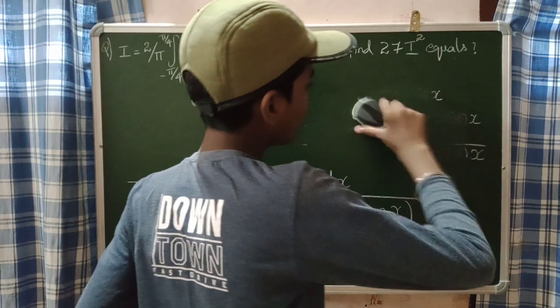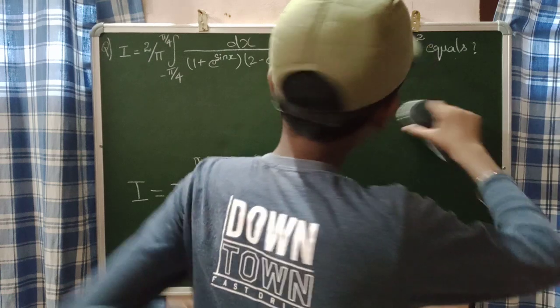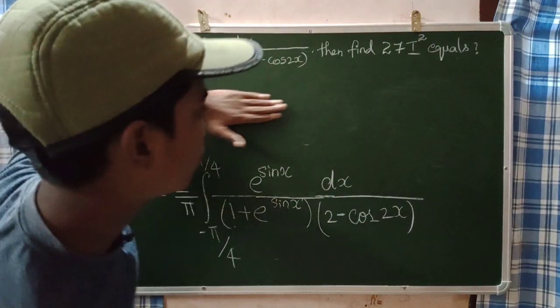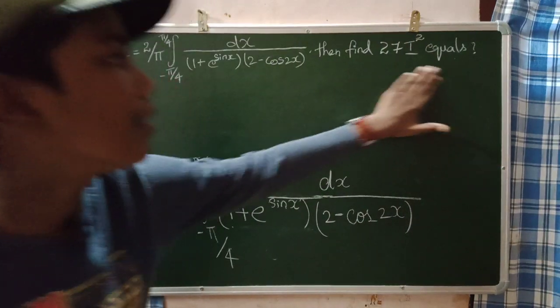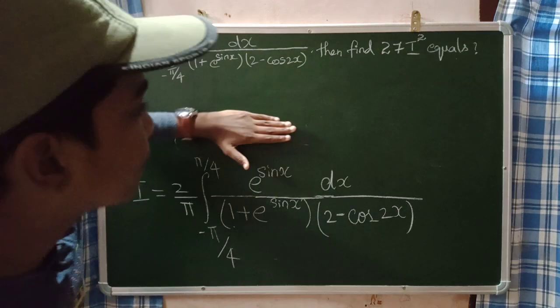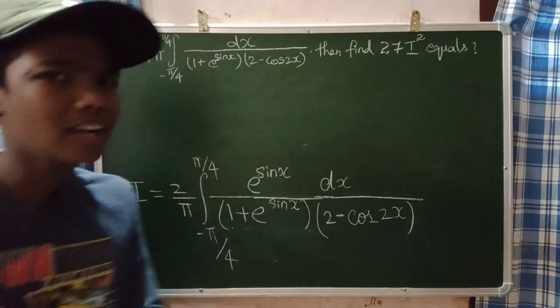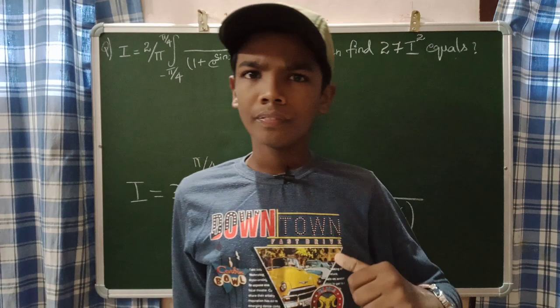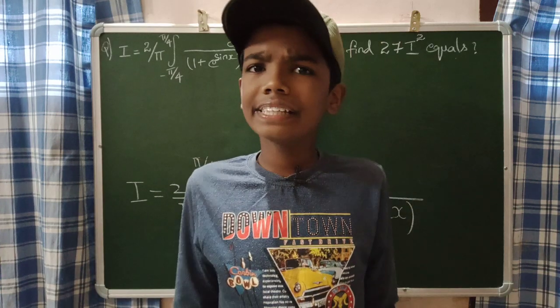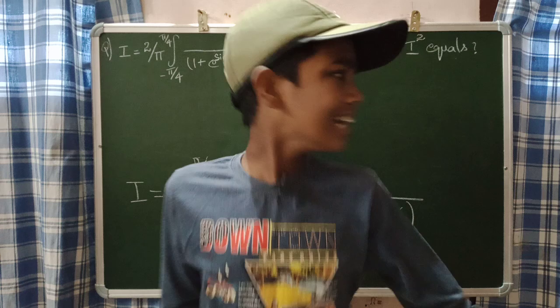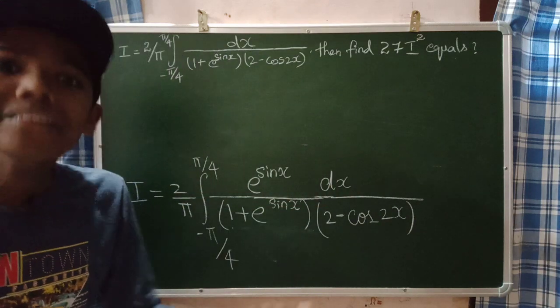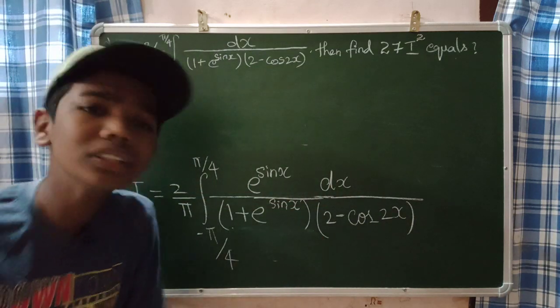Now, I am going to do a very important part. Listen carefully, guys. What is the need of King's rule? King's rule is to make the integration as easy as possible. Even after using King's rule, it is still difficult, right?